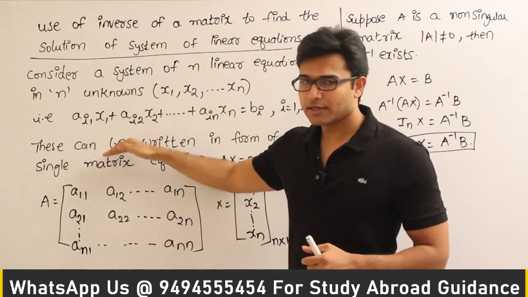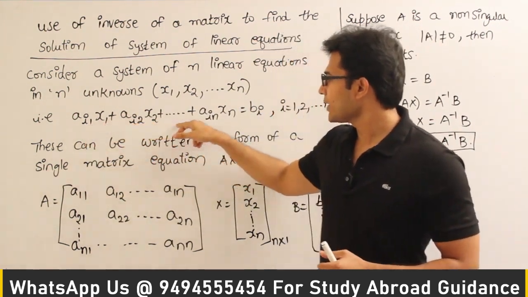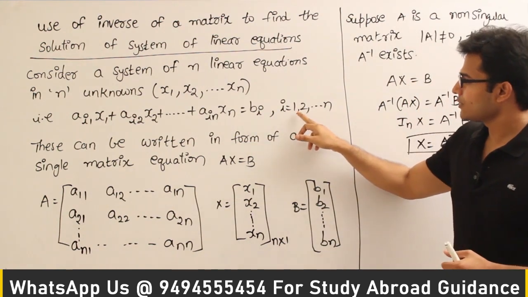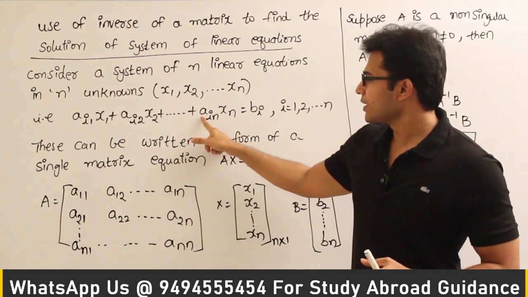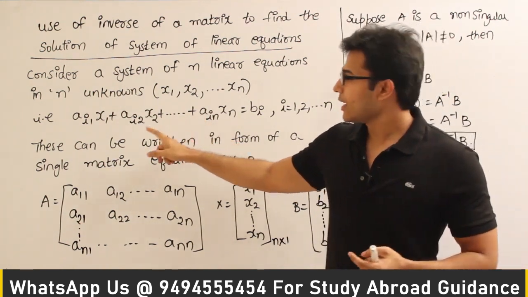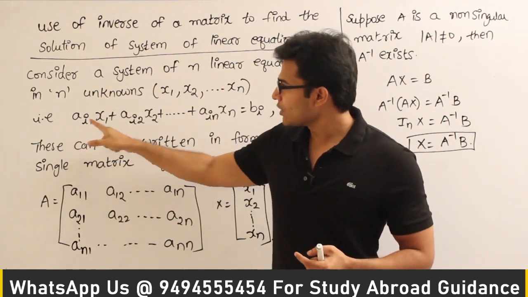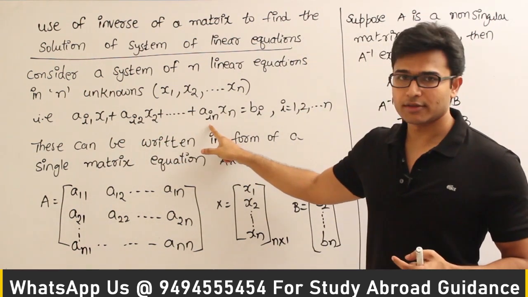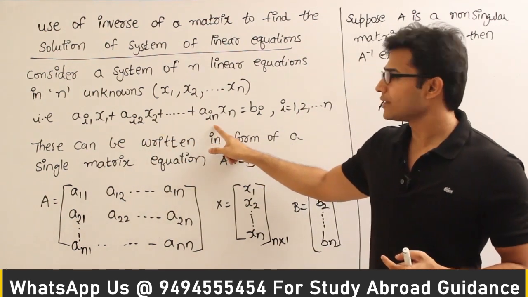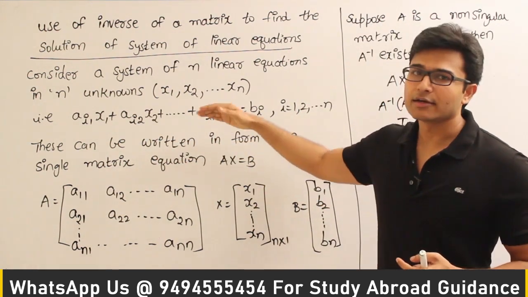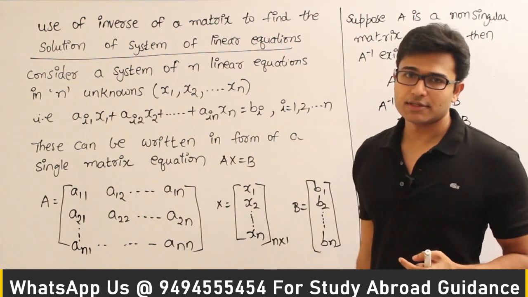I didn't write all n equations, but assume that we have all of them, with i running from 1 to n. For the first equation we have a11, a12, ..., a1n, for the second a21, a22, ..., a2n, and for the third a31, a32, ..., a3n equal to b3, like that.